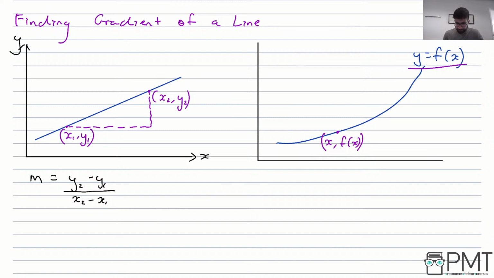But the issue with drawing a tangent graphically is that it's not going to be perfectly accurate. Maybe you can draw another tangent, it looks like that. Although it's graphically valid, we want to be able to do this algebraically. We want to be exact.